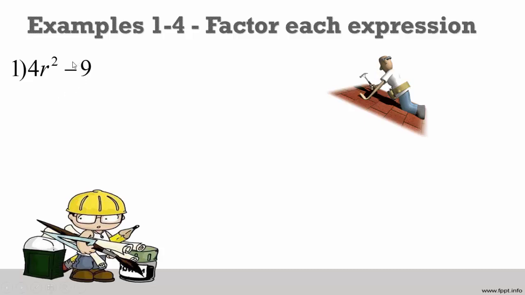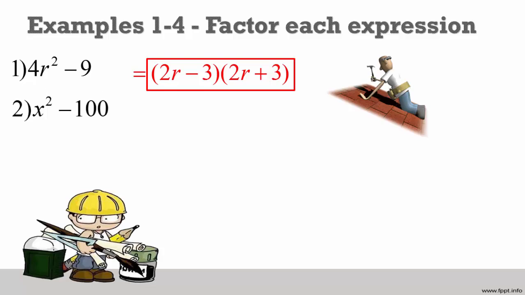And it's the difference of two squares because we have the negative. So based on the formula, we can rewrite this as 2r minus 3 times 2r plus 3.